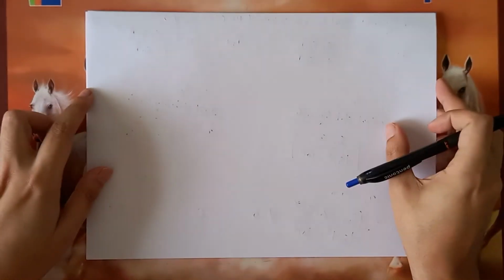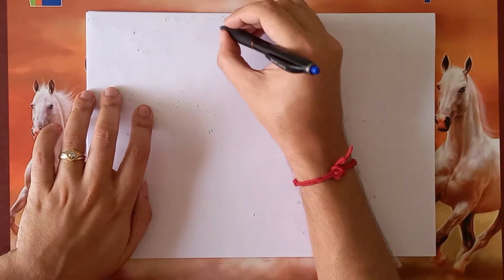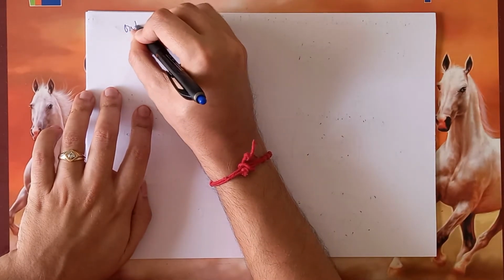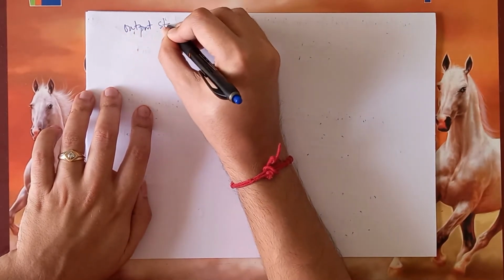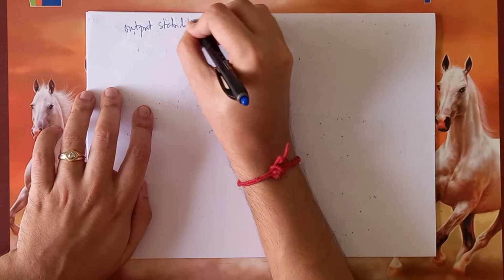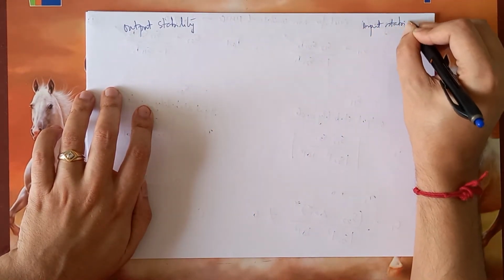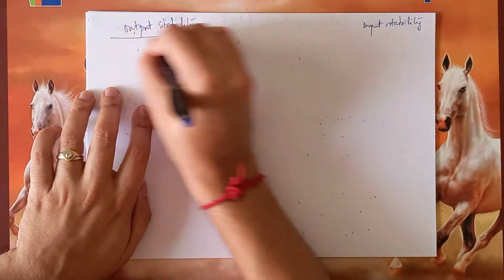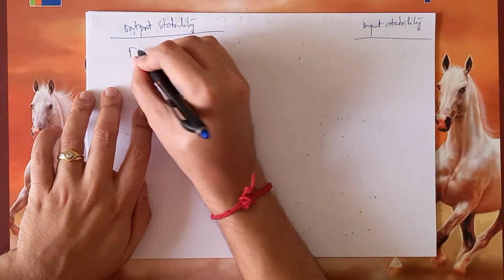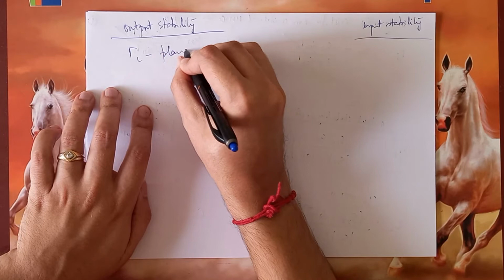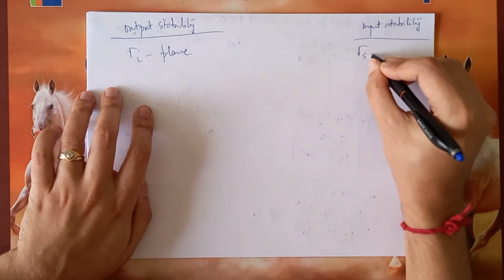So let us say I look at the output stability and input stability. Output stability is always on the gamma L plane and the input stability is always on the gamma S plane.